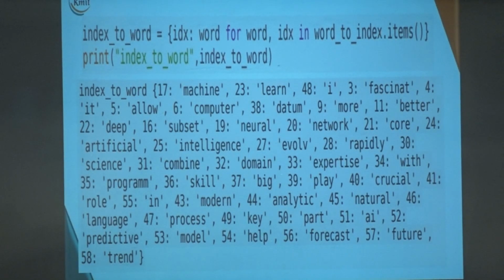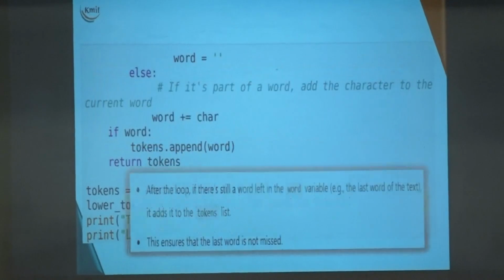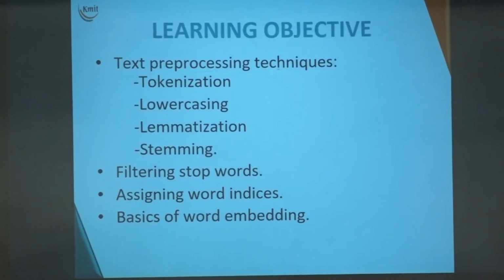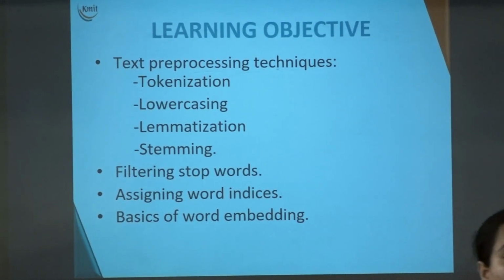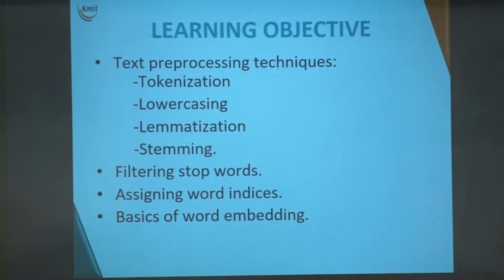What did we do in pre-processing today? Tokenization means what? Converting the given text data into tokens, unique tokens. Okay, that is tokenization. And then lower casing, what does it do? It removes case sensitivity, that is why it is converted.